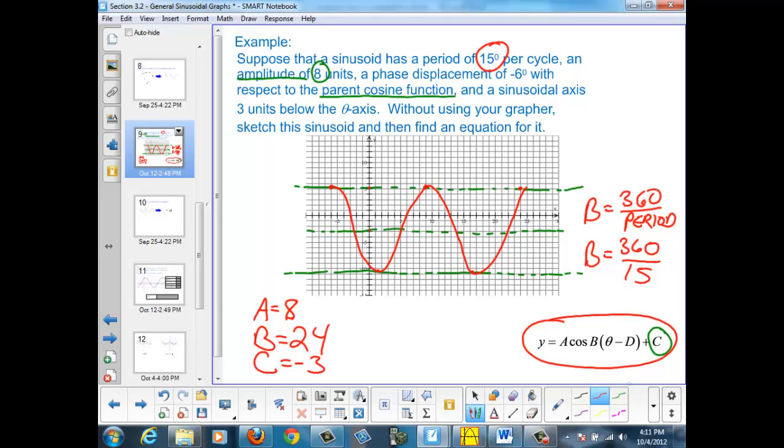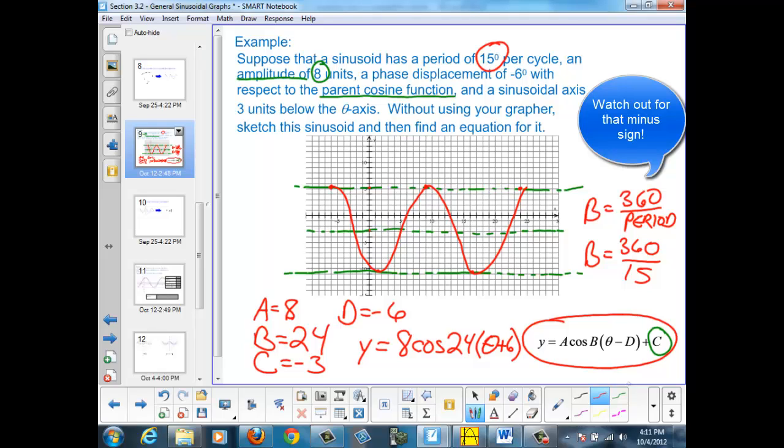And we see that our horizontal translation, our high point, shifted 6 degrees to the left of the y-axis, which means that our D value is -6. And our equation becomes y equals 8 cosine 24 theta plus 6, because we're subtracting a -6, minus 3.